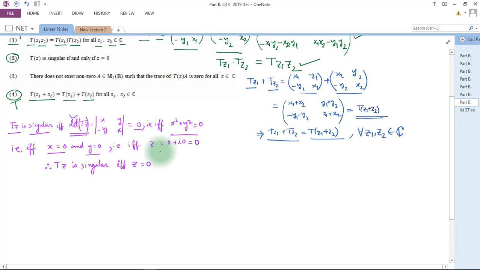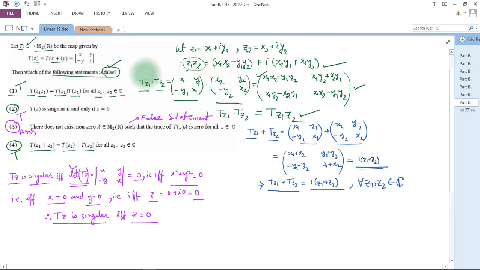That is, if and only if the complex number Z is equal to 0. So we have TZ is singular if and only if the complex number Z is 0. So option 2 is also true. So 3 will be our answer. This option 3 is not true. This is the false statement.